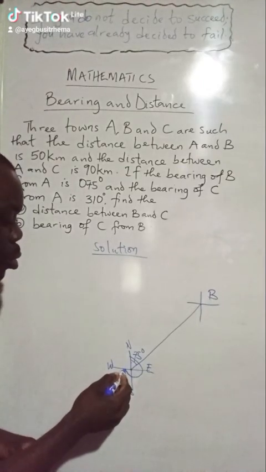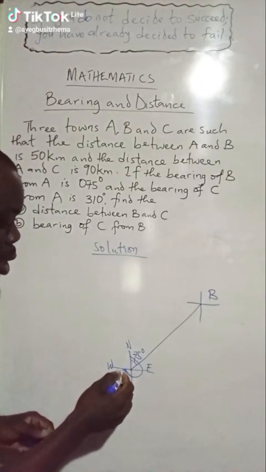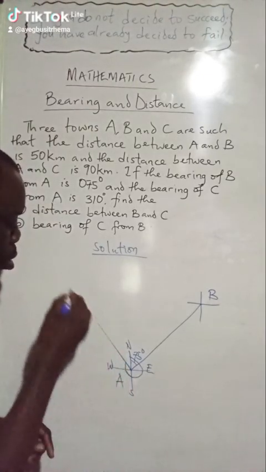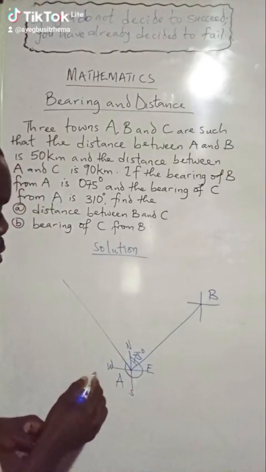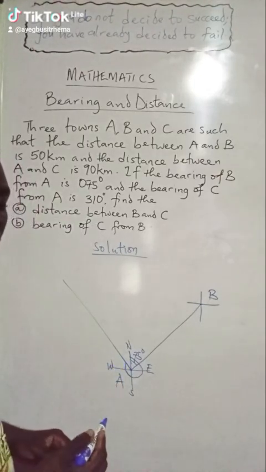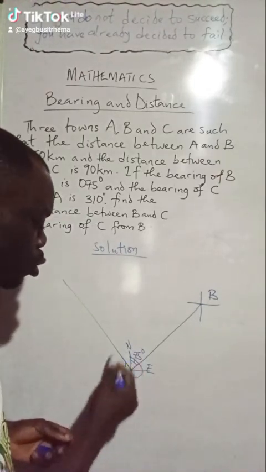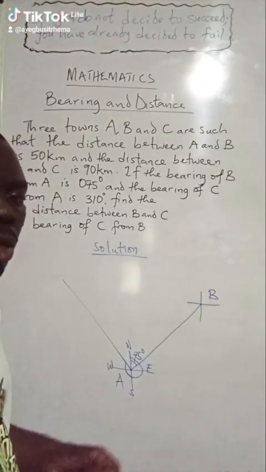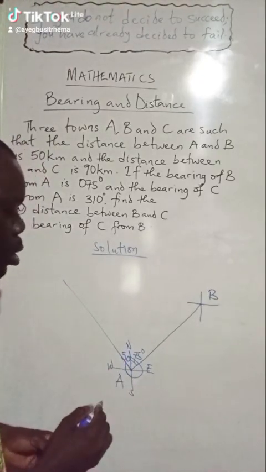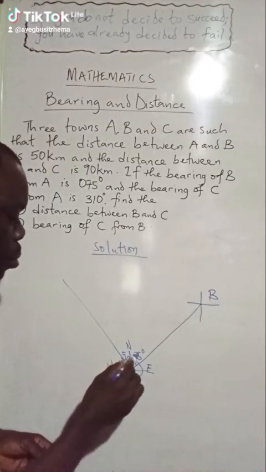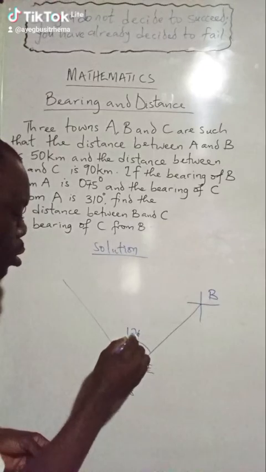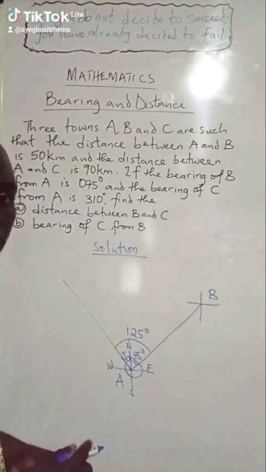Then what do you need to add to 270 that will make it up to 310? That's 40. So, okay. What will remain out of 310? We said that the sum of all the angles is 360, meaning you will have 50 degrees left here. So if you add 50 plus 75, it's going to give you the angle at A, which is 125 degrees.